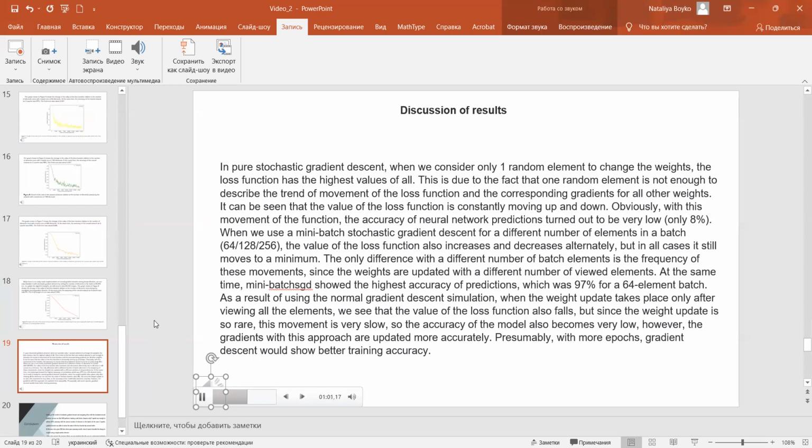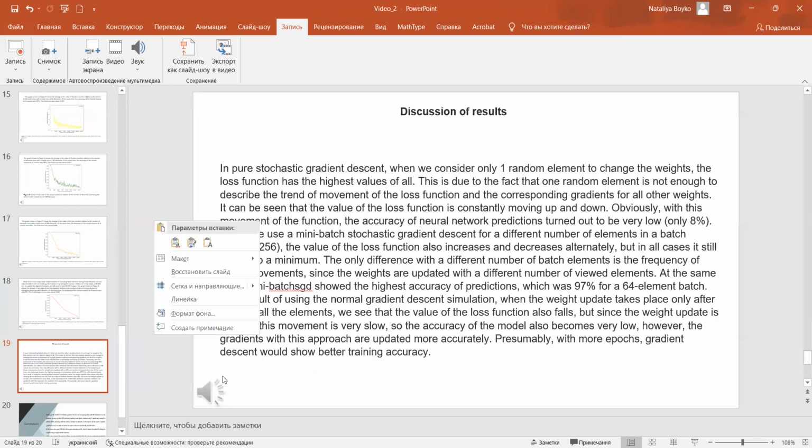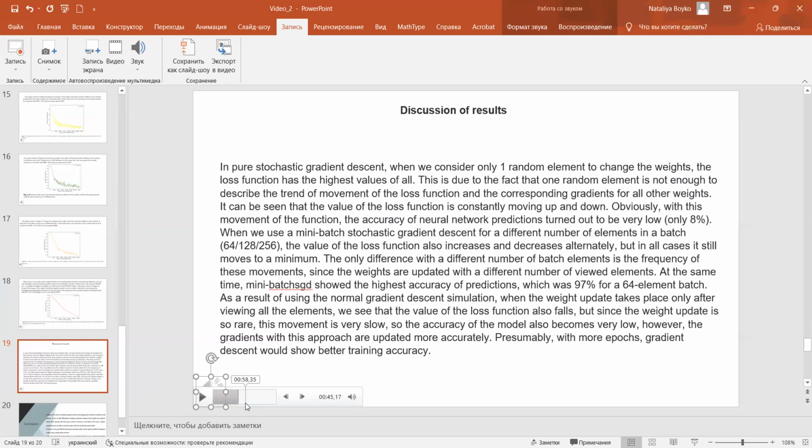The only difference with a different number of batch elements is the frequency of these movements, since the weights are updated with a different number of used elements. At the same time, MiniBatch SGD showed the highest accuracy of predictions, which was 97% for a 64-element batch.